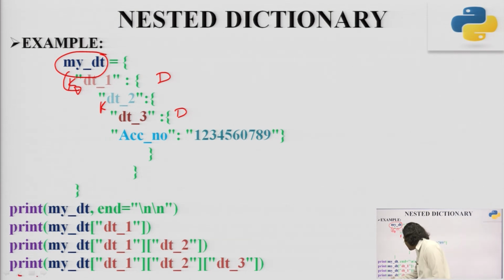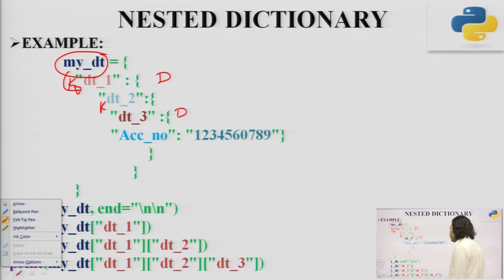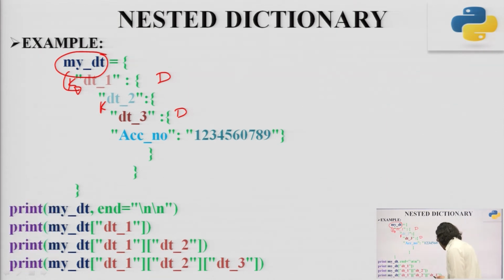Ultimately you can see how we are able to access this one, that is we are looking for the dt under root underscore 3 information in dt underscore 2, in dt underscore 1, in the parent my dt. So, it is just similar to a folder files address bar, in which one folder is lying inside another one, and the file is ultimately lying at the end of the next folder.